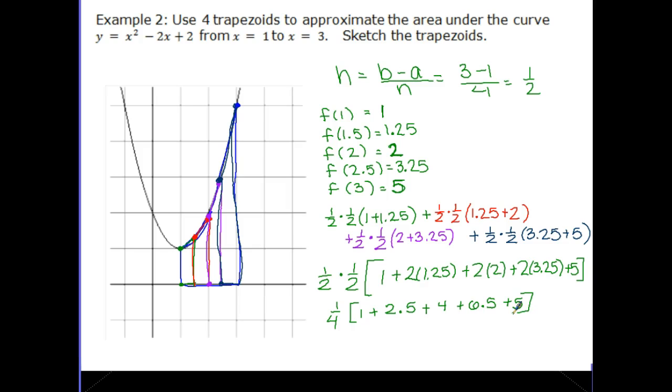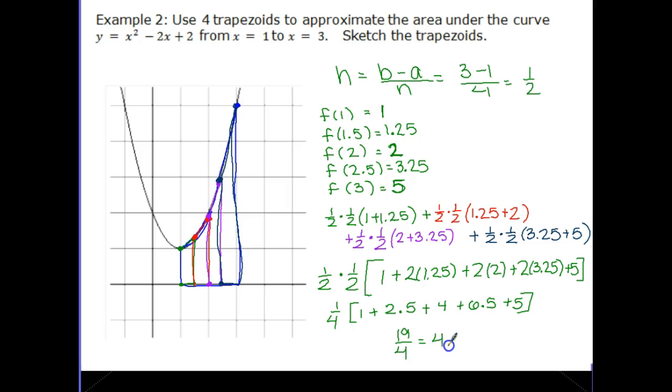So 5 plus 6.5 is 11.5. 11.5 plus 4 becomes 15.5, plus 2.5 is 18, plus 1. And they technically have 4.75 too.